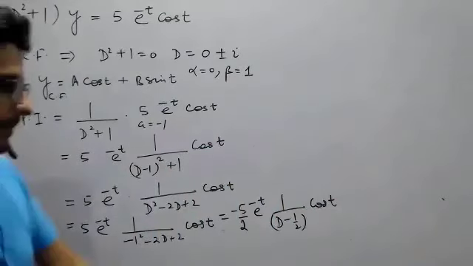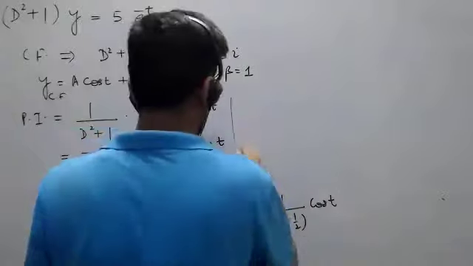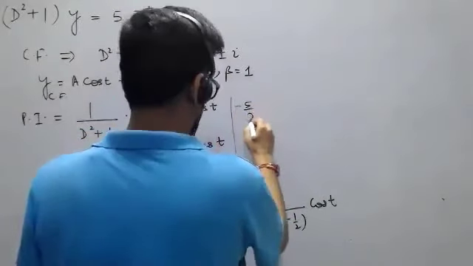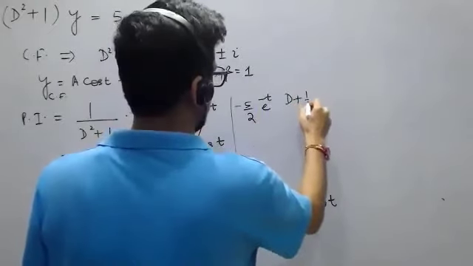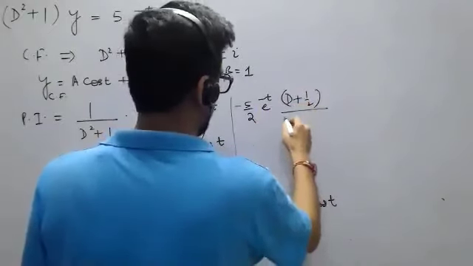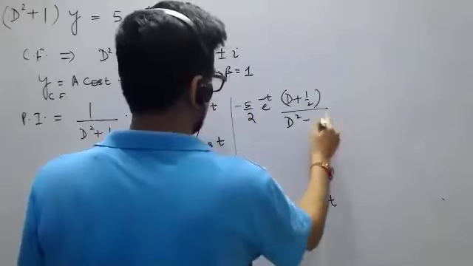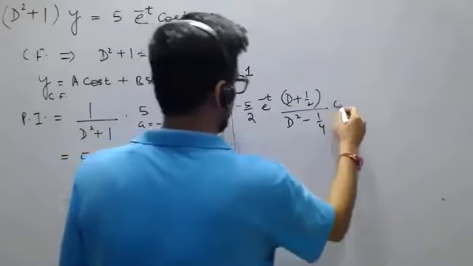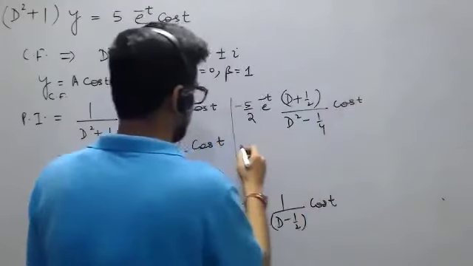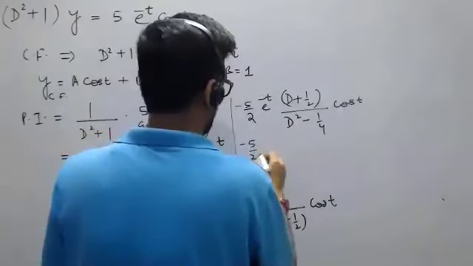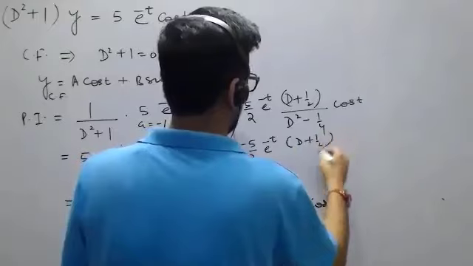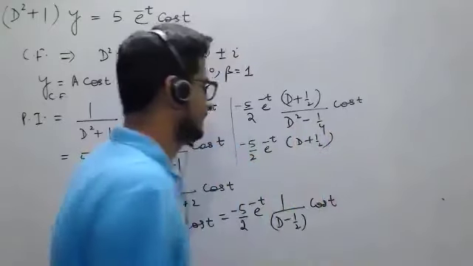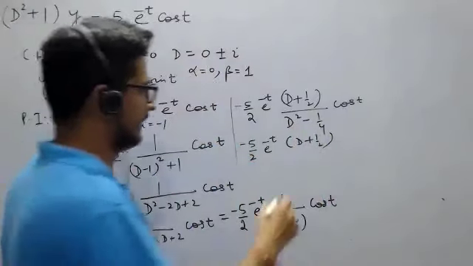And now you remember what I am going to do. Minus 5 by 2 e to the power minus t, 1 upon D square minus 1 by 4 cos of t, which will become minus 5 by 2 e to the power minus t, 1 upon D plus half, and minus 1 again.